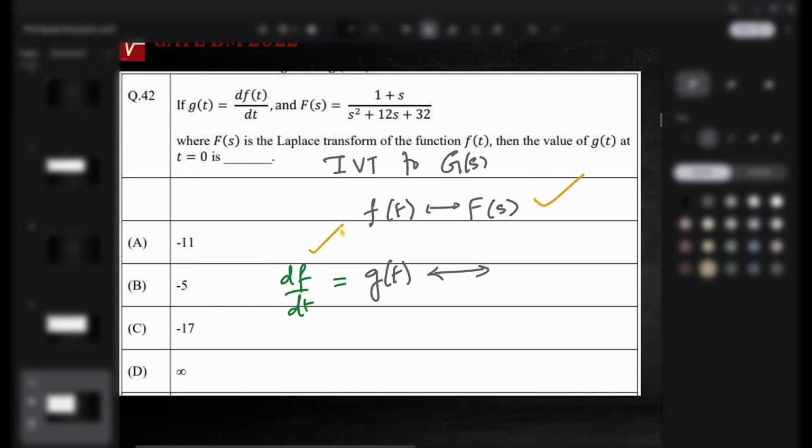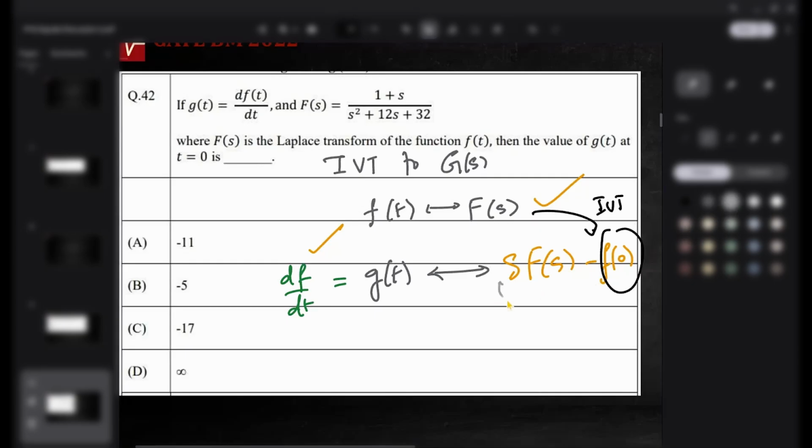So you technically know the Laplace transform of the derivative. This will be s F of s, but you have to be careful: minus f of 0, the initial value of f. How do we know that? You have to apply IVT here. Apply IVT to get f of 0, the initial value of f.